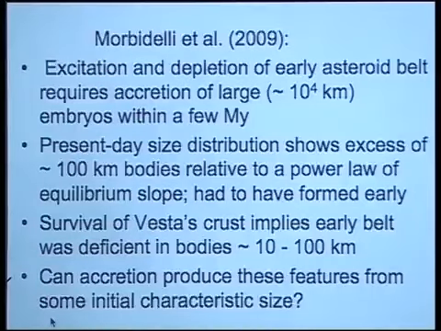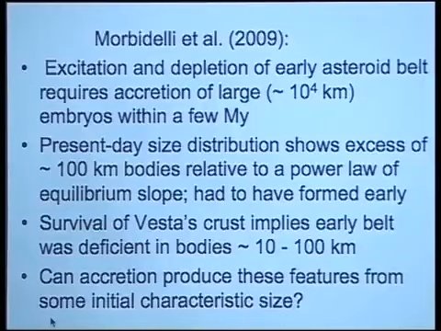Another constraint that has been invoked, and Morby will be saying more about this, is that Vesta still has a more or less intact basaltic crust. If you had too many somewhat smaller size asteroids out there over billions of years, they would have destroyed this crust.